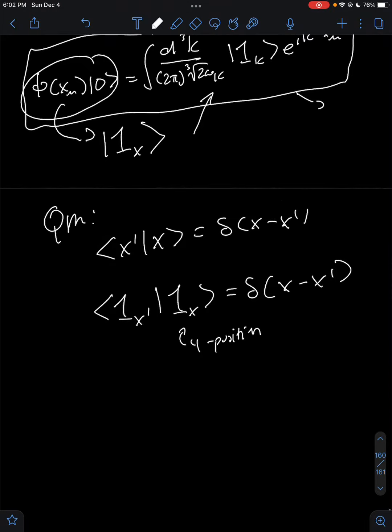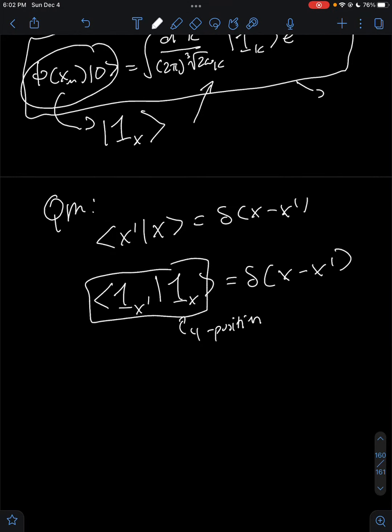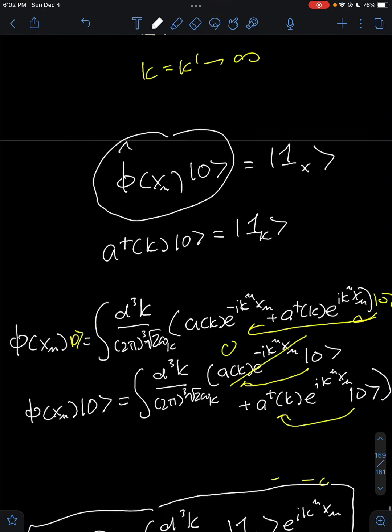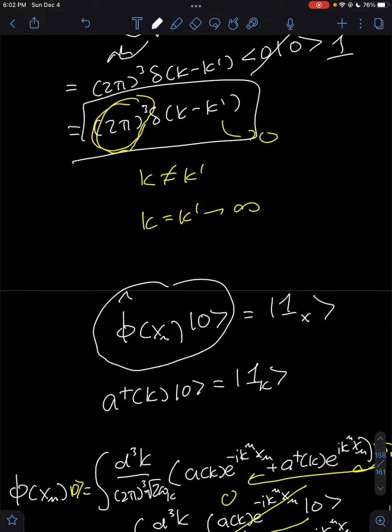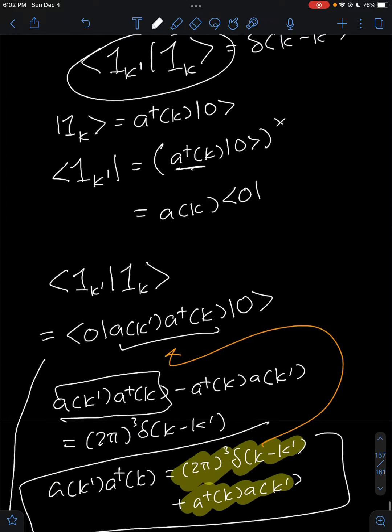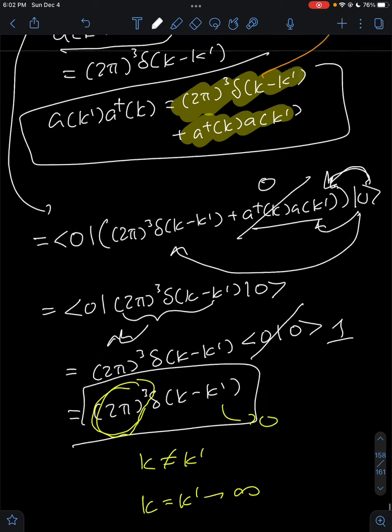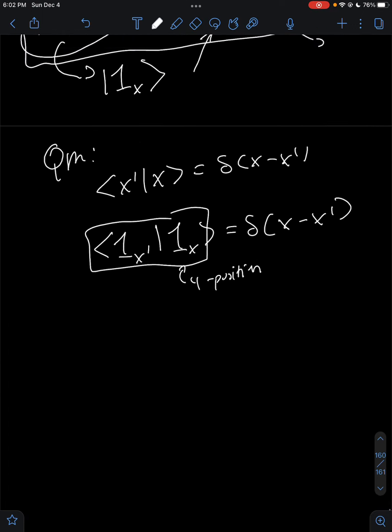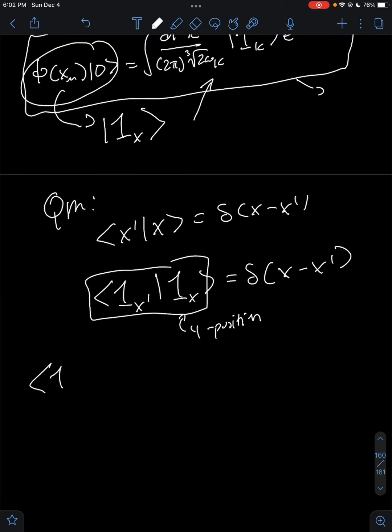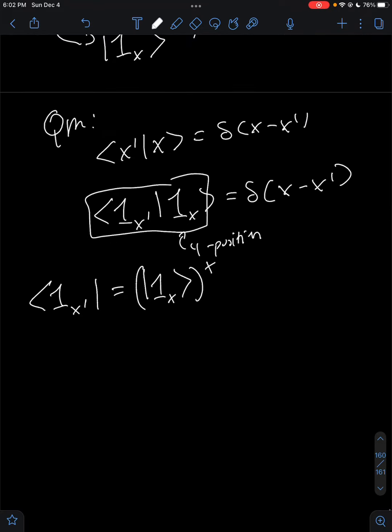So how do we actually calculate that? Well, it's pretty much the exact same steps that we did for the momentum eigenstate. That's right over here. All we have to do is note that <x'| is just going to be |x> conjugated, right? And we know that |x> is just the integral.